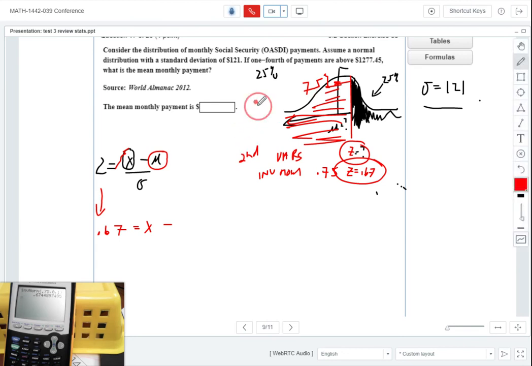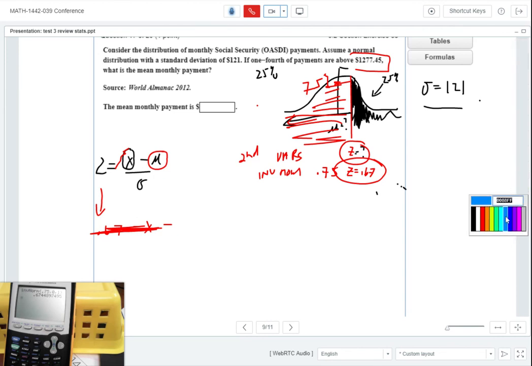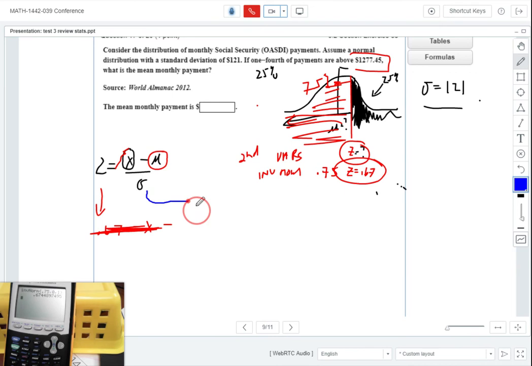Okay, so we did everything correct. We know the Z value for this spot is 0.67. We also know the X value, the 1/4 payment. We already said the X value for that spot. Let me change my color. So the Z value, I'm going to bring it over here.